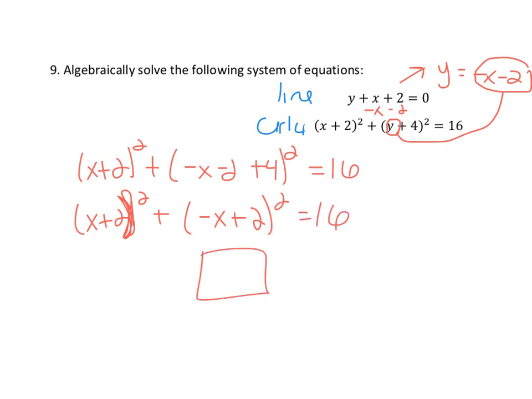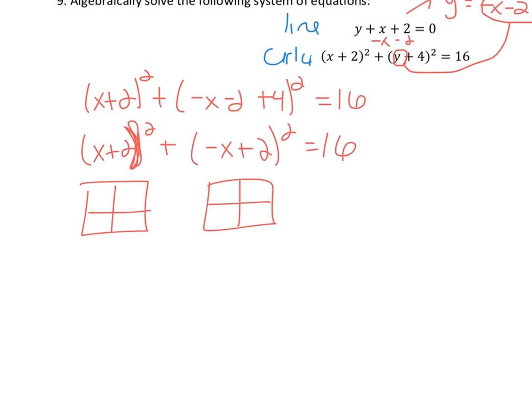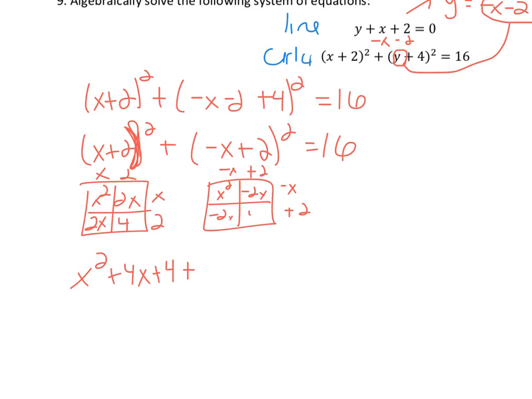You're going to have to box method these guys because they're squared with a plus sign in between. So I get 2x squared plus 4x plus 4 plus x squared minus 2x, and 4. So that's going to get you x squared minus 4x plus 4 equals 16.